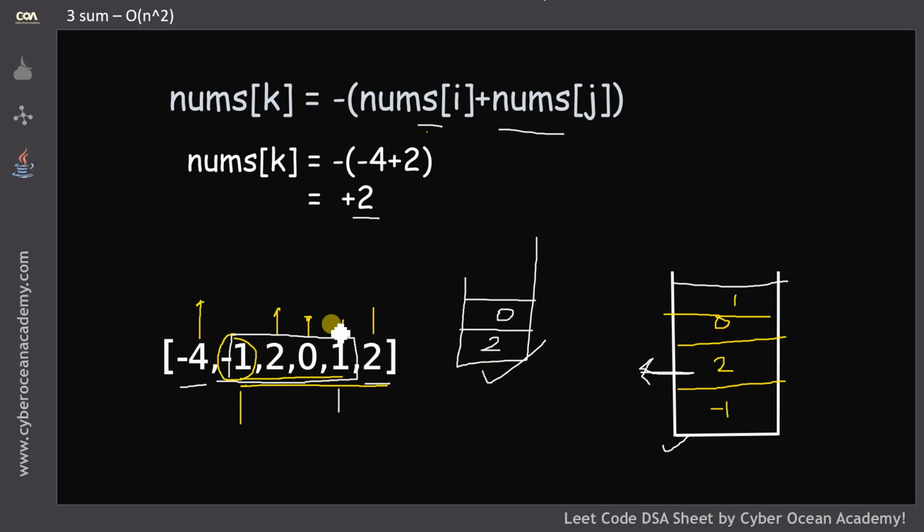Also, you can see that the array elements between the first two elements are different. So for this minus 1 and this 1, this is our set. For this minus 4 and this 2, this is our set. Why? Because these are the only elements between them. If we consider this as an array, these two zeros are the only elements between them.